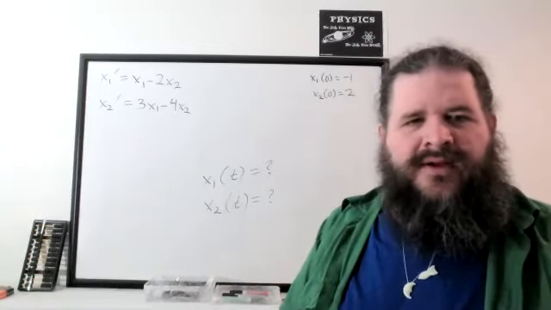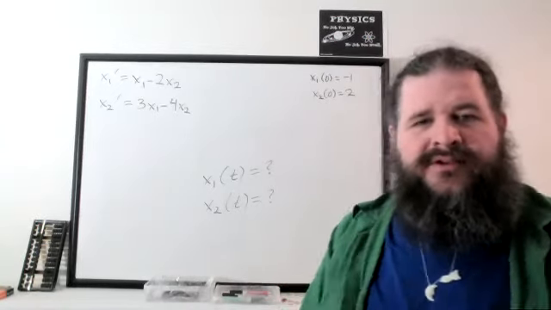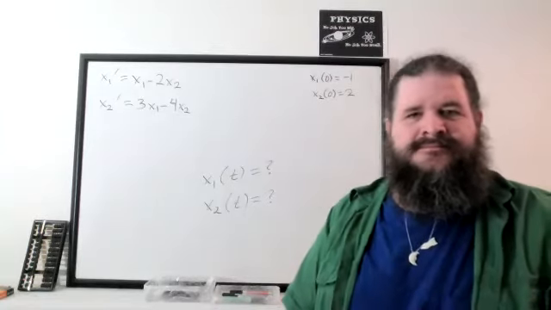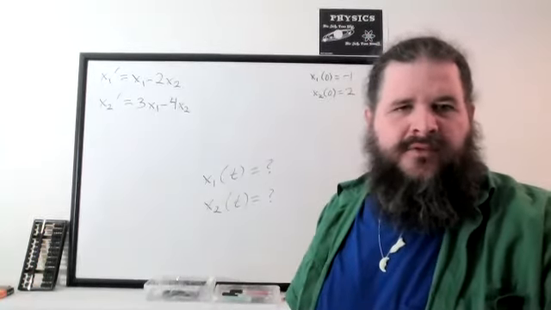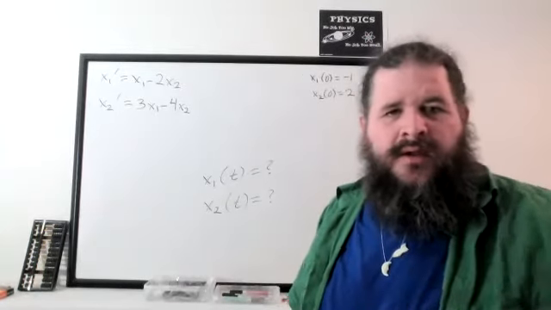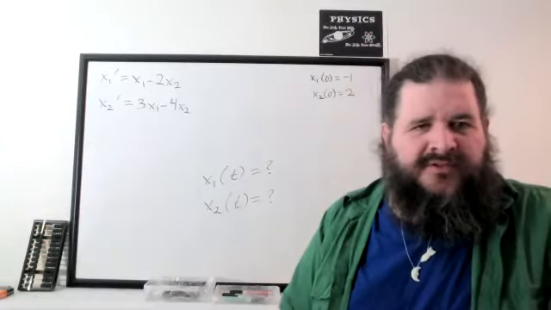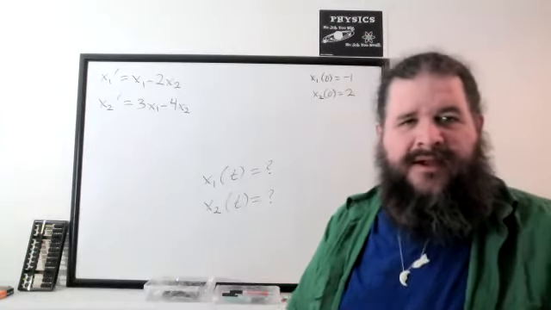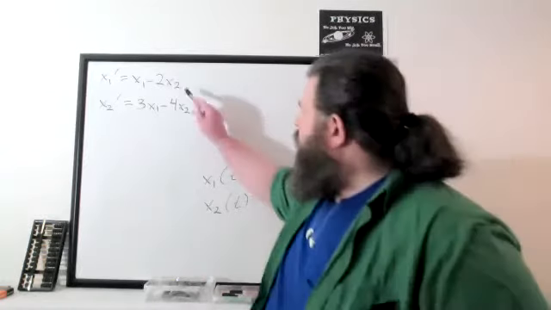So for instance, what's a variable we could solve for in one of these equations? Of course you could solve for x1 or x2. But this problem specifically suggests to solve the first equation for x2 and then plug it into the second equation. So we're going to solve for x2 in the first equation.